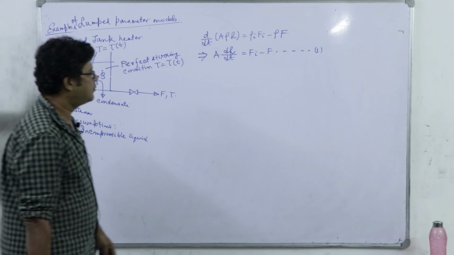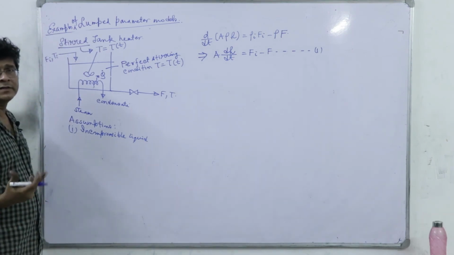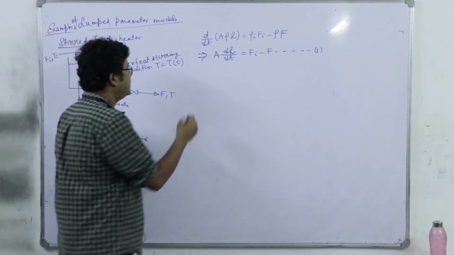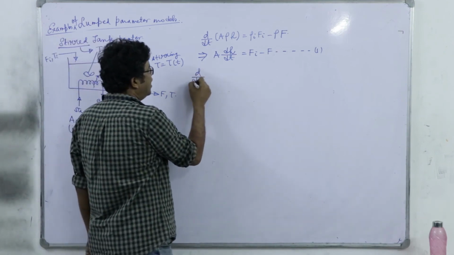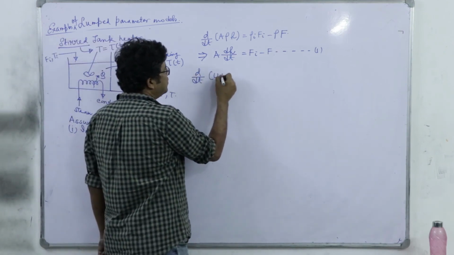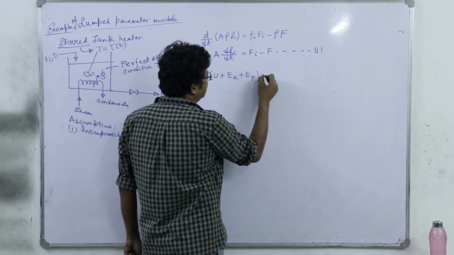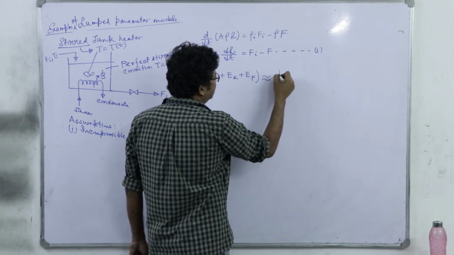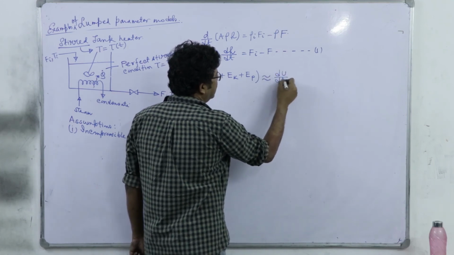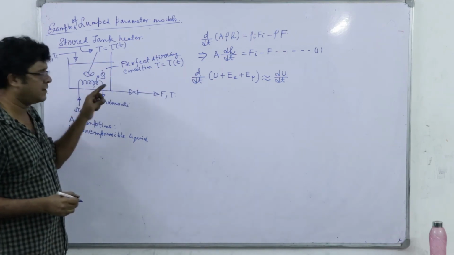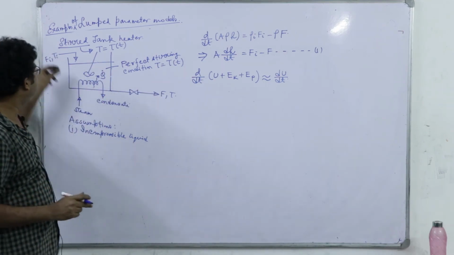Next, definitely, we have to apply the conservation of energy. So d/dt of U plus Ek plus Ep, we are writing it as dU/dt. Why? Because the inflow kinetic energy and potential energy are definitely different.